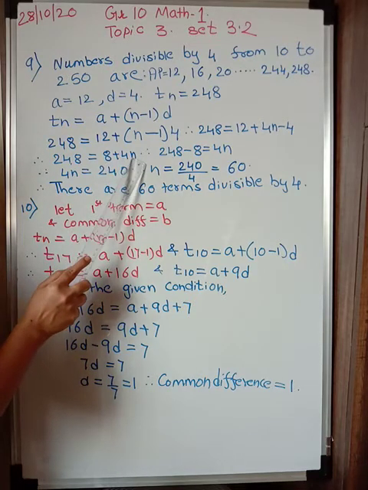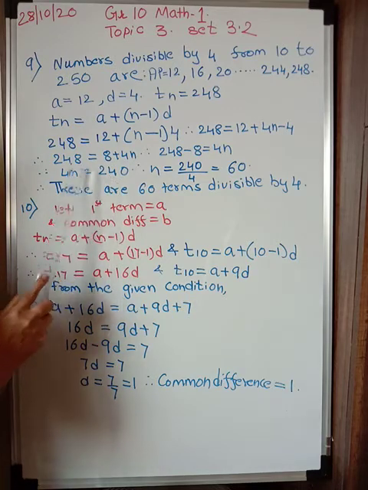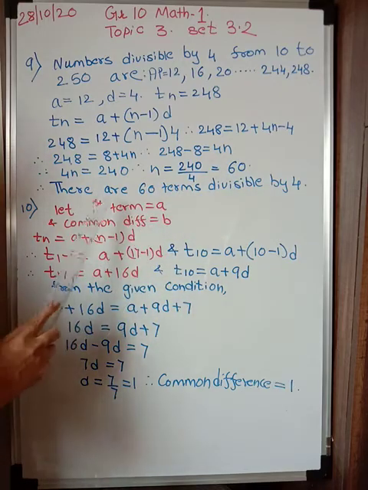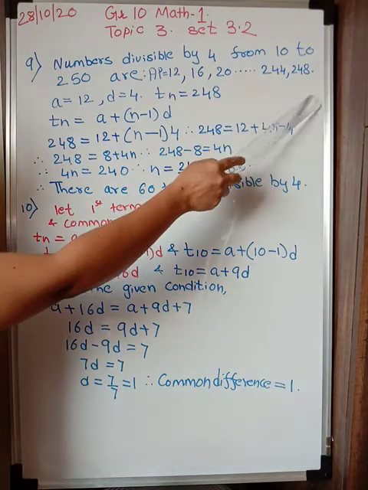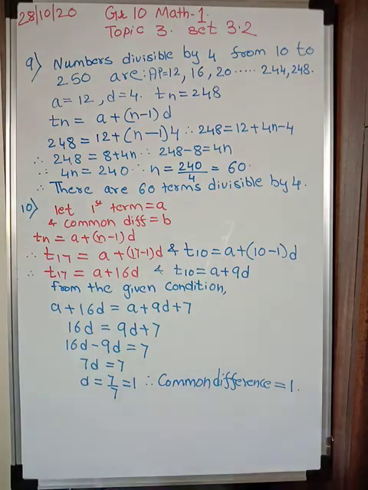So what will be 4n? It is 248 minus 8, which is equal to 240. 4n is equal to 240 and therefore n is 240 upon 4, which is equal to 60. So there are 60 terms. So you got T60 is equal to 248. Alright.